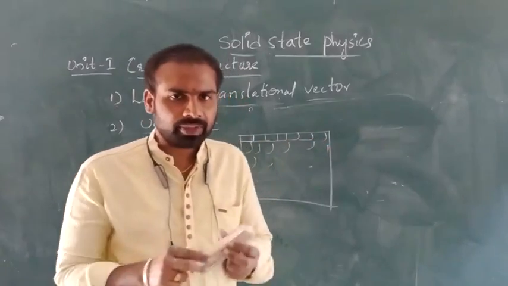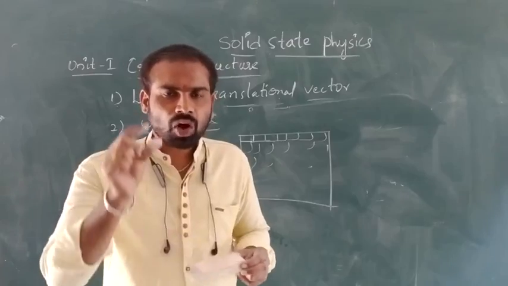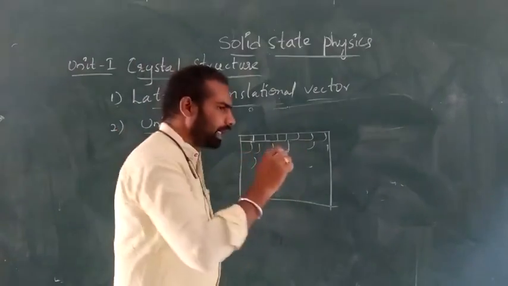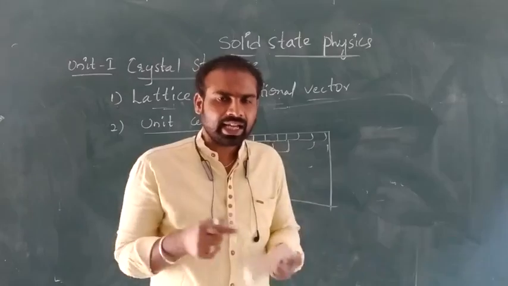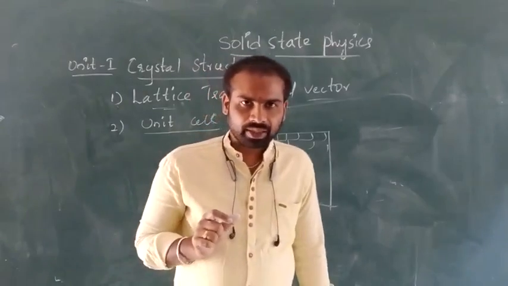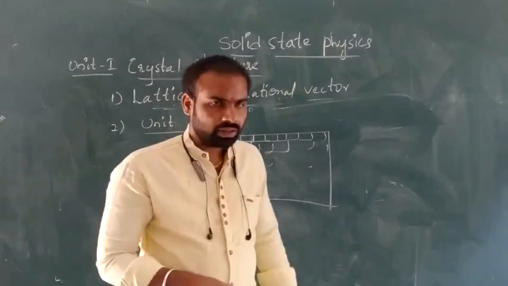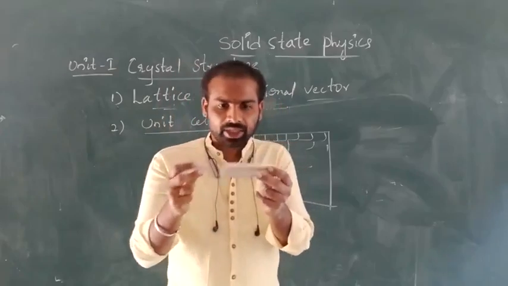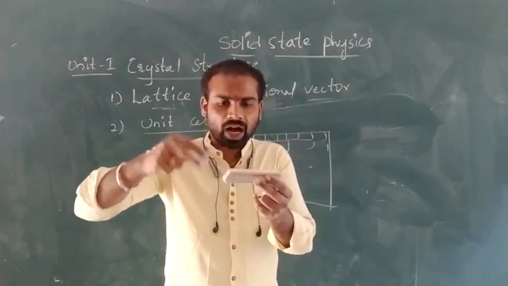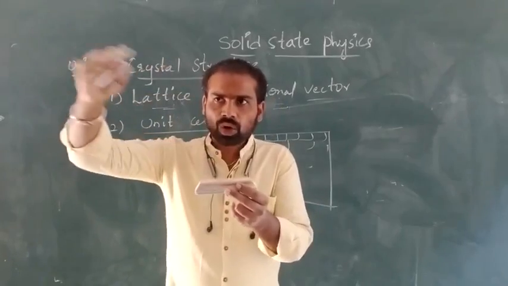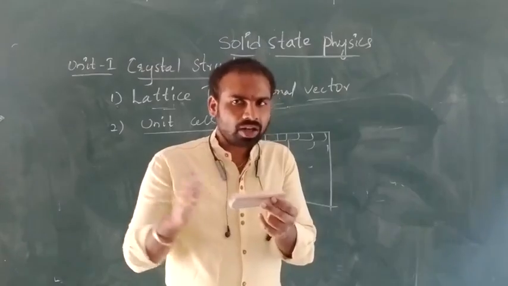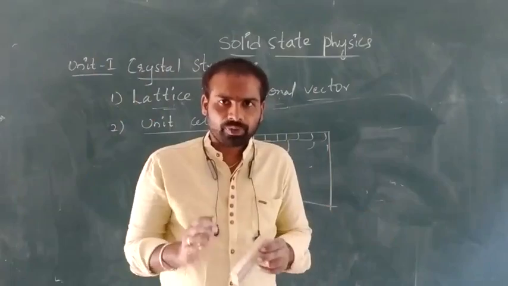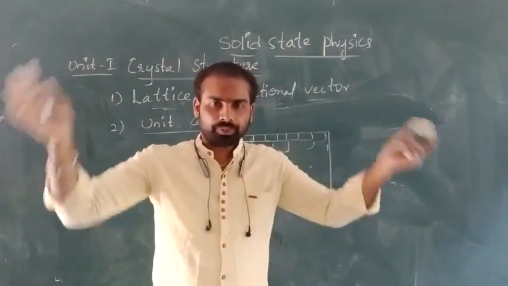Similarly, if you take a crystal, the smallest element, the repetition of which will give the complete crystal, is nothing but the unit cell. A wall consists of same-size bricks. If you place one brick after the other throughout the three-dimensional or two-dimensional array, we will get some wall or a volume.